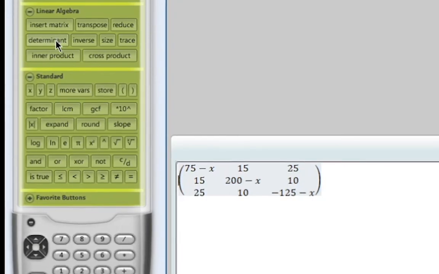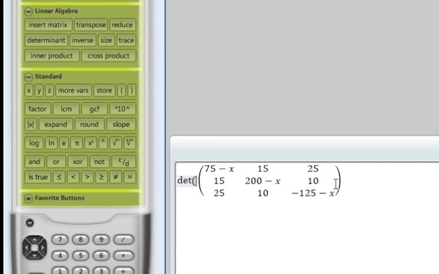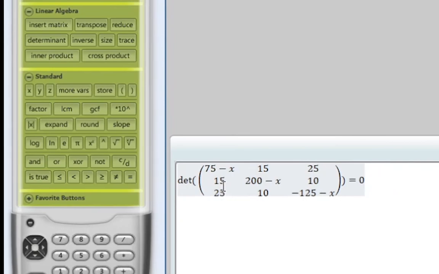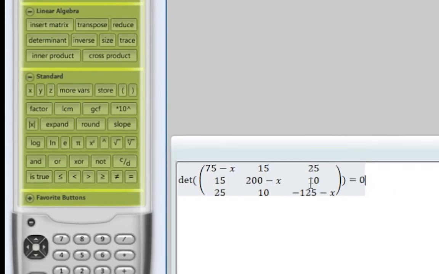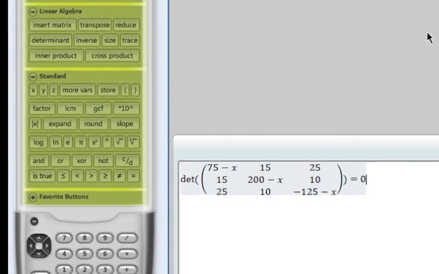So the determinant of this matrix should be equal to 0. I've set up the equation where we can get the eigenvalues.